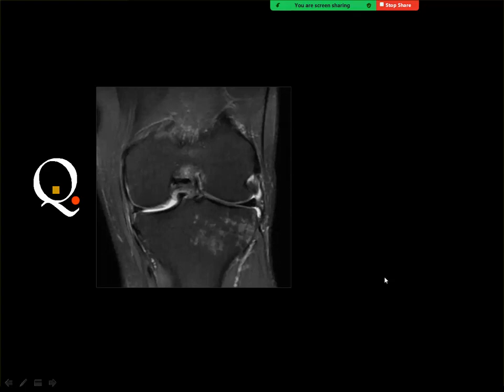Next case is an MRI of the knee, coronal image.